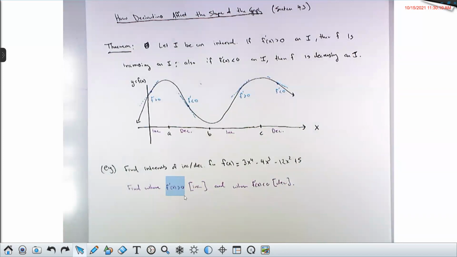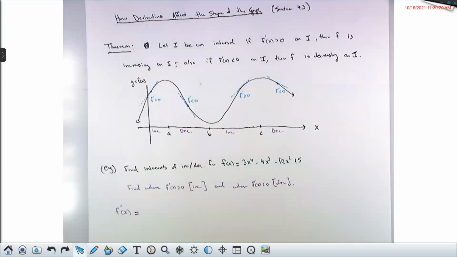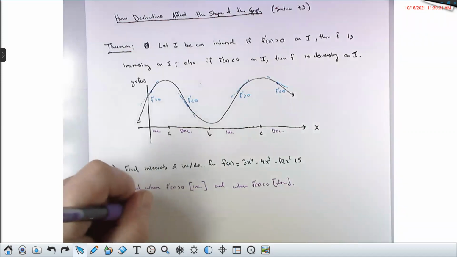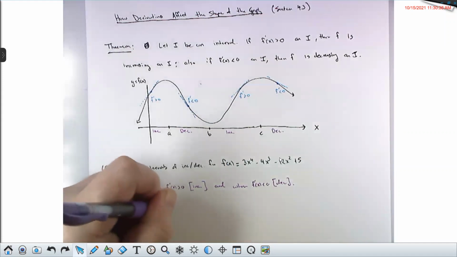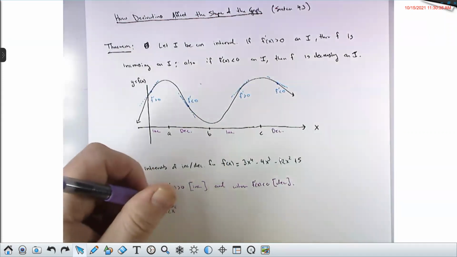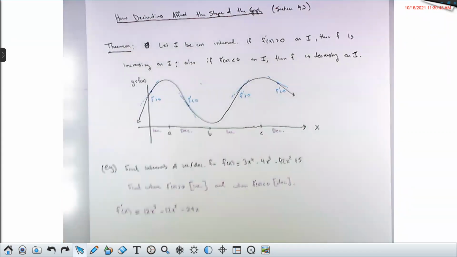You could solve these inequalities one at a time, or you can solve them both at the same time by making a number line that tracks the sign of f prime. And that's what I recommend. So let's go ahead and run through this. My derivative, f prime here, follows from the power rule. It's 12x cubed minus 12x squared minus 24x plus 0.